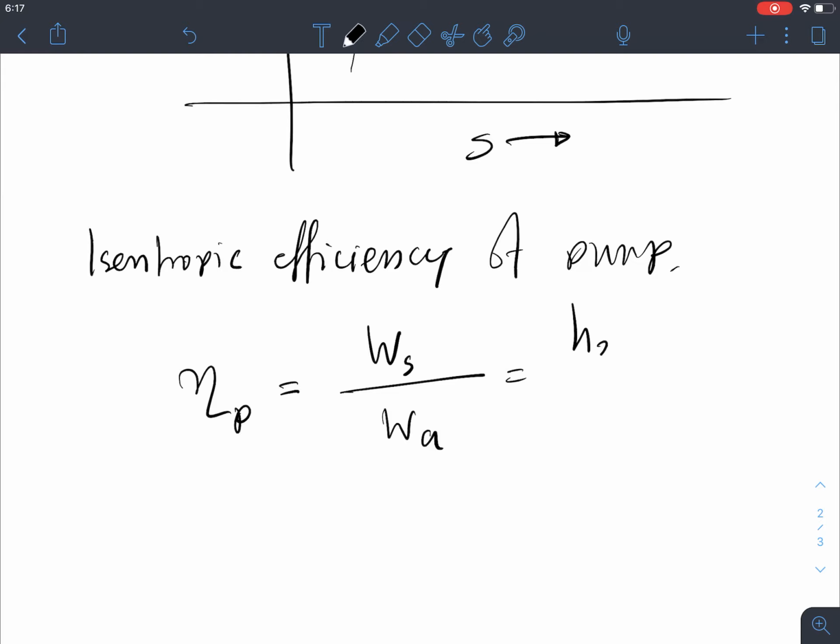The isentropic work is nothing but h2s minus h1, divided by h2 actual minus h1.